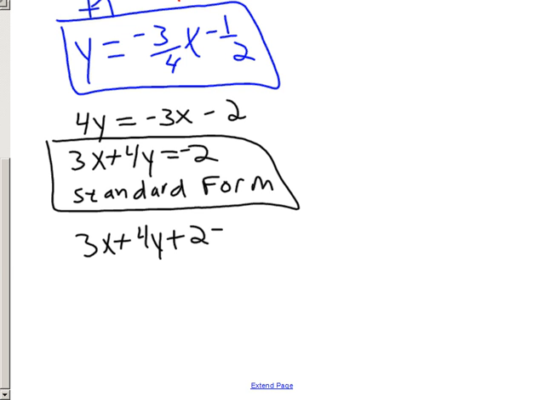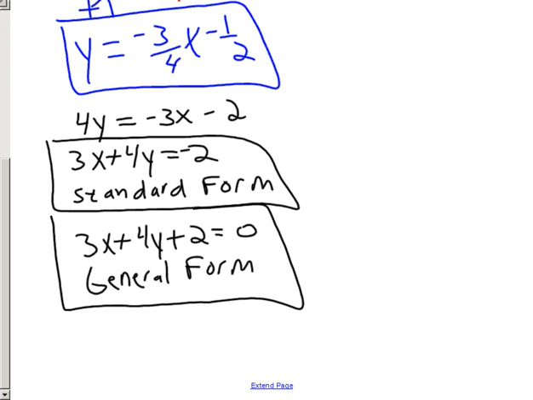This would be general form. There is a difference between general form and standard form. So it is important to know the difference, particularly if you're talking about the distance from a point to a line formula. It must be in general form in order to use the distance from a point to a line formula. I'll talk about that particular formula in class when we go over this.